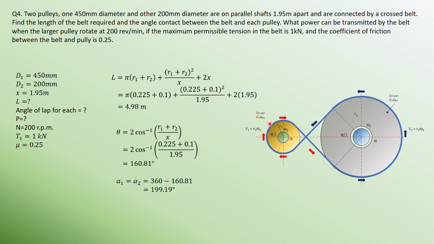When you look at it, how do we consider T1 and T2, tight side and slack side? Again, you have to look at the direction of rotation of the driving pulley, or the driven pulley.